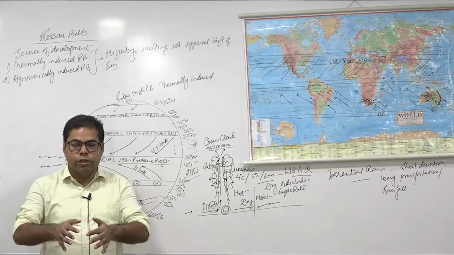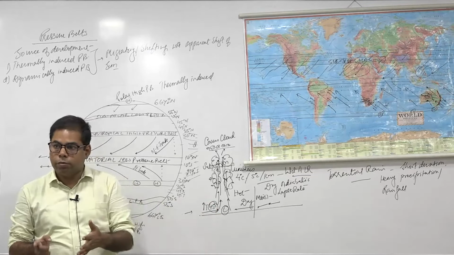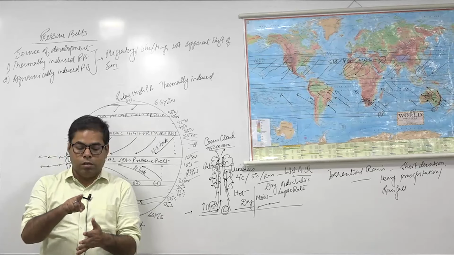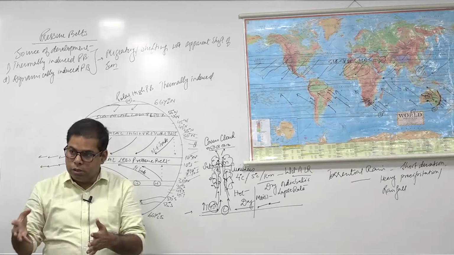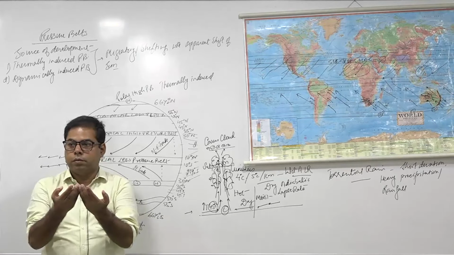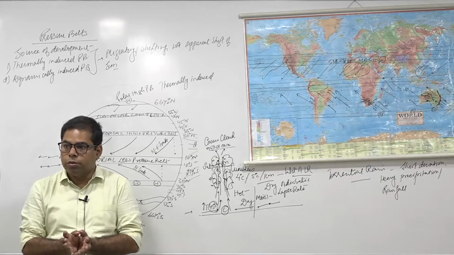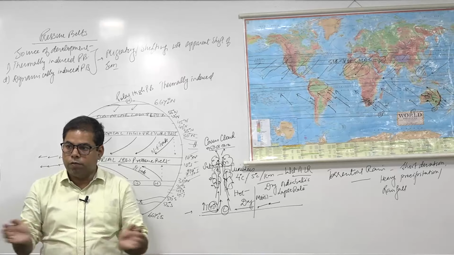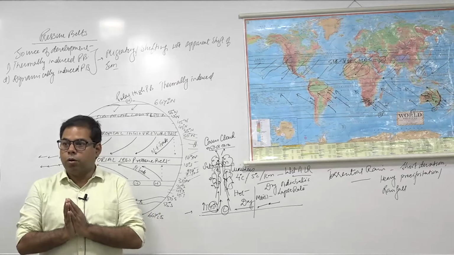Low pressure means the winds are converging from all the sides. The wind converging here may not be of the same moist condition. The wind which is converging here will be moist and it will converge and rise up. There is no other way. It has no other scope because low pressure is a convergence. So the winds are coming from all the directions. They have no options.